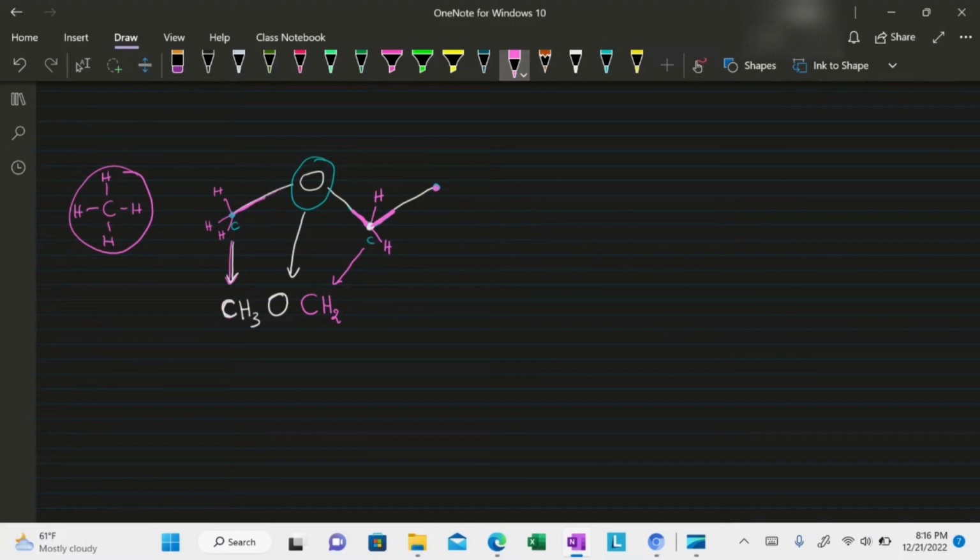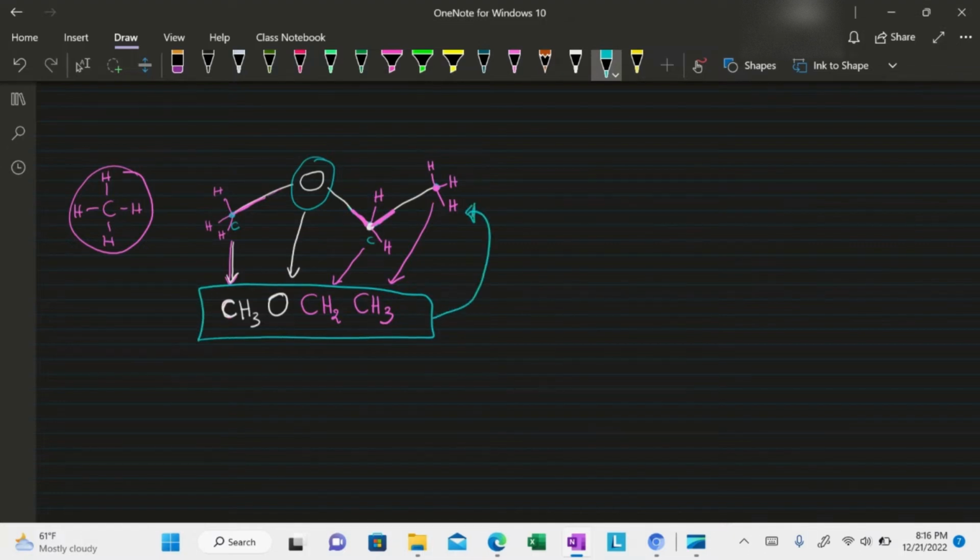And pretty much any carbon on the end of a chain is going to be connected to 3 hydrogens. So that one would be CH3. Okay. This would be the formula from this skeletal structure.